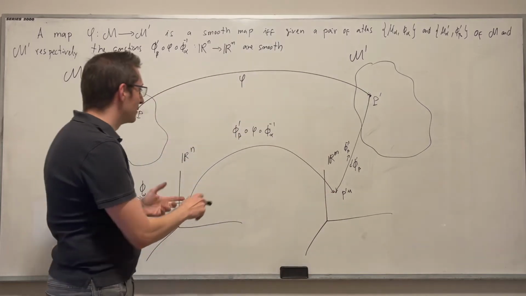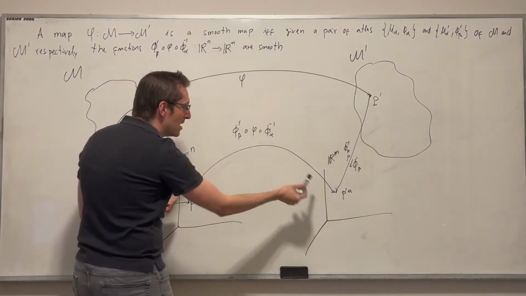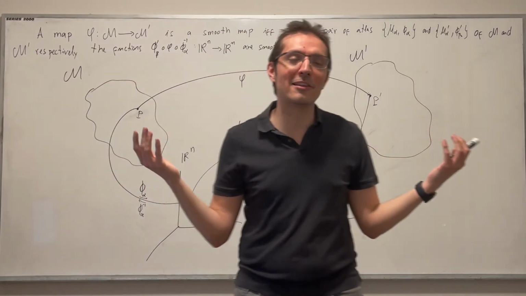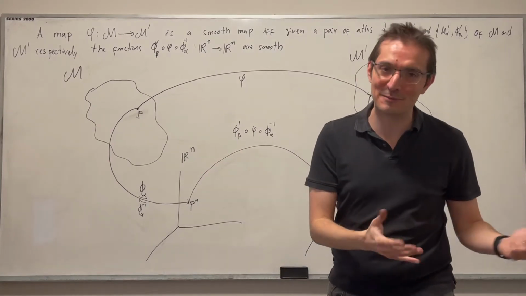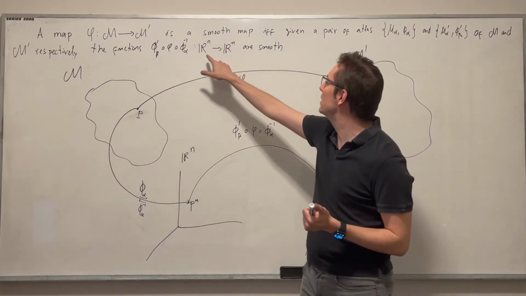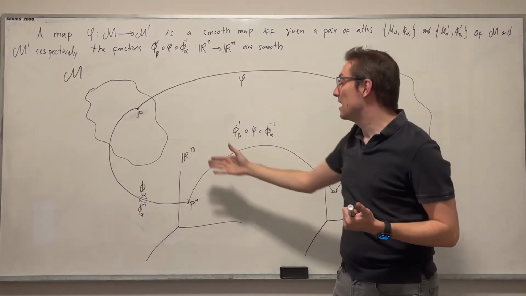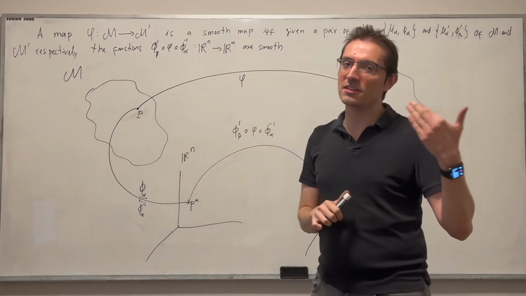So the composition map is truly a map from R^n to R^m, and in that sense, I can talk about smoothness, because multivariable calculus is what I know how to do. For a map from R^n to R^m, I know exactly what it means to be smooth: an infinitely differentiable map. And if the composition of phi with these two homeomorphisms is an infinitely differentiable map from R^n to R^m, that's what we call a smooth map.